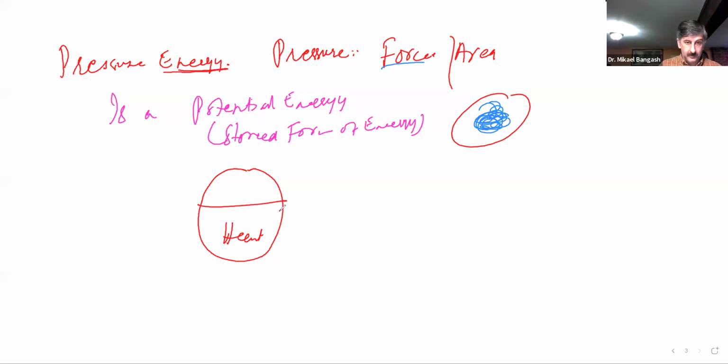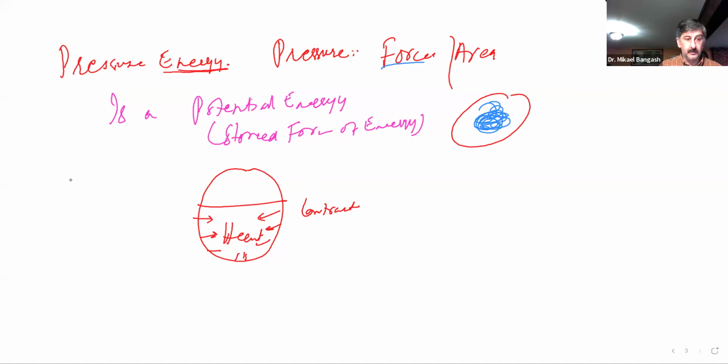Pretty much by the contraction of those walls of the chamber.